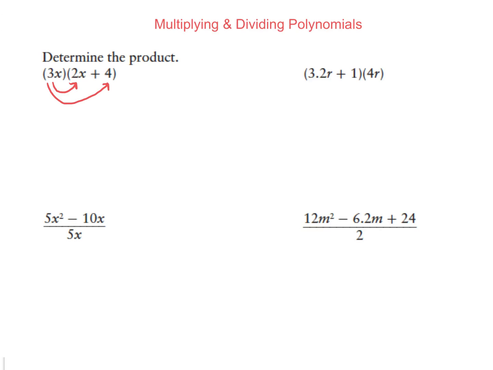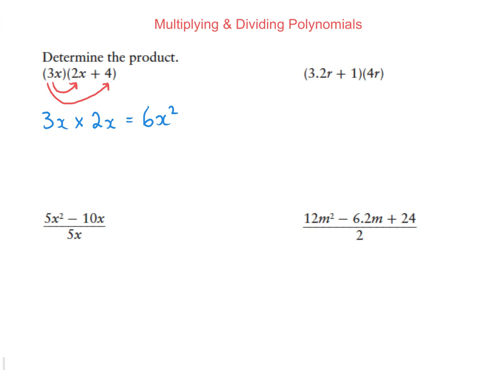So thinking back to multiplying monomials, you times the numbers and add the exponents. So I'm going to have 3 times 2. I'll write this out for you so it's pretty straightforward. So I'm going to have 3x times 2x, which gives us 6x squared, times the numbers, add the exponents.